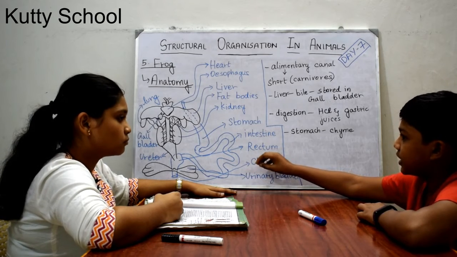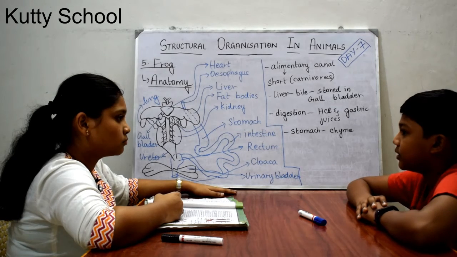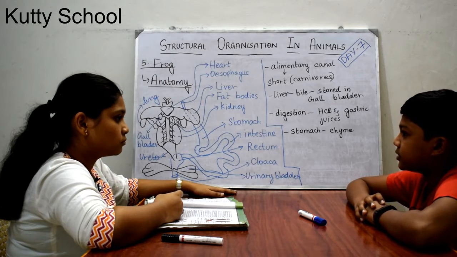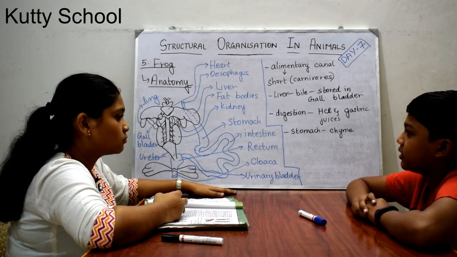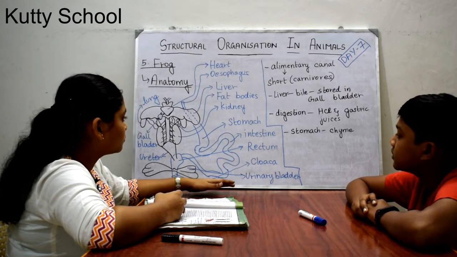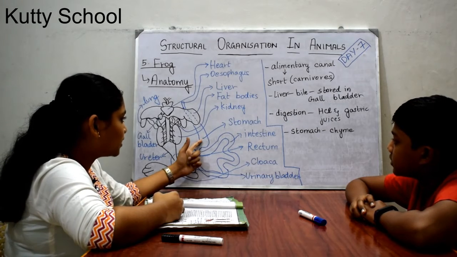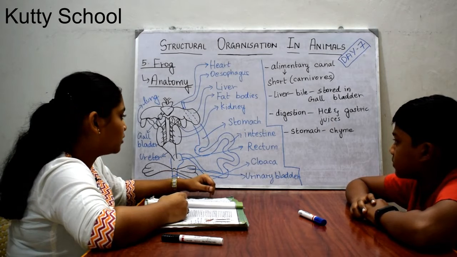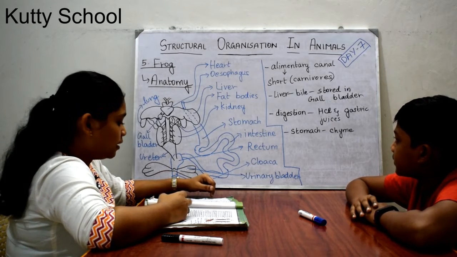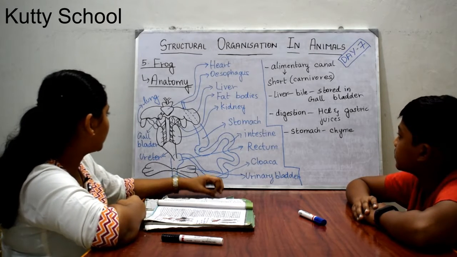If we eat herbivorous things, it takes time to digest because of the plants and leaves, so we have a long intestine. Here the walls of the stomach secrete hydrochloric acid and gastric juices in order to digest food substances. This is the alimentary canal present in frogs, and this is the gallbladder.